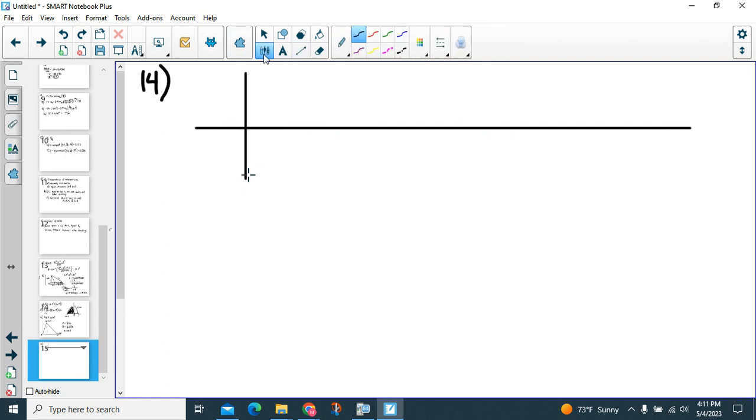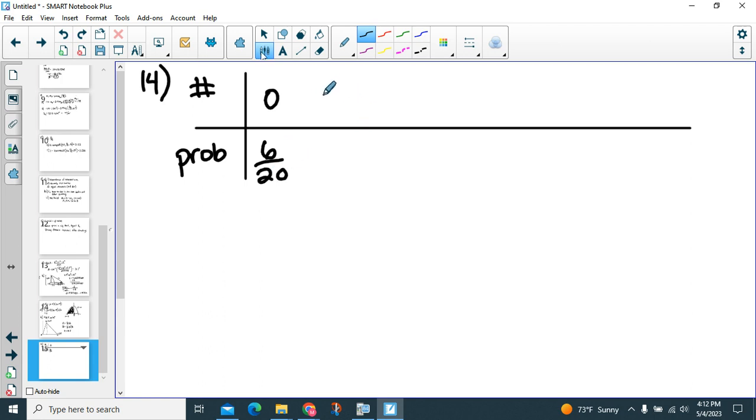All right, and they say, okay, this is the number on the sector of a little spinning wheel, and this is the probability. The probability of getting a 0 is 6 out of 20. The probability of getting a 1 is P. The probability of getting a 2, oh, whoops, there's 2 1s on there, I guess. So the probability of getting another 1 is 3 over 20.